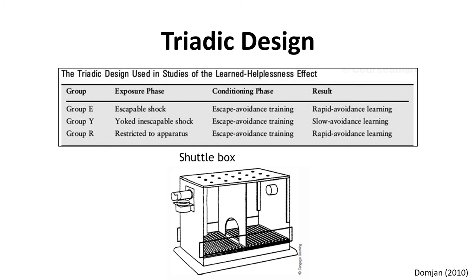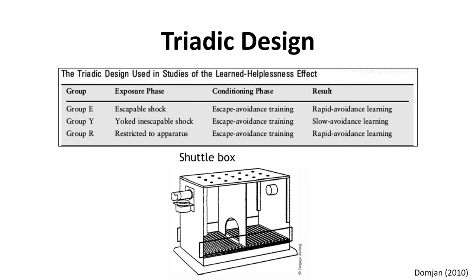So they can escape that aversive stimulus by rotating a wheel. And you can set this up where any kind of behavior can escape that, pushing a button, lever, whatever. So this group E can do something to stop the presence of that shock.